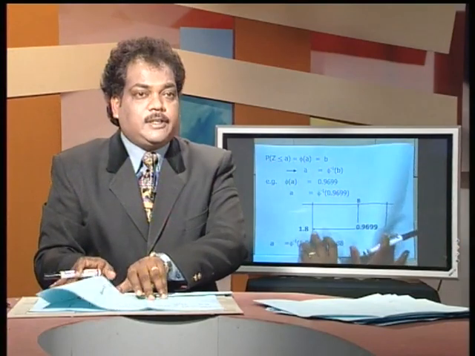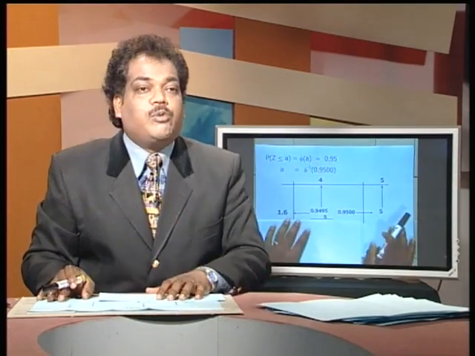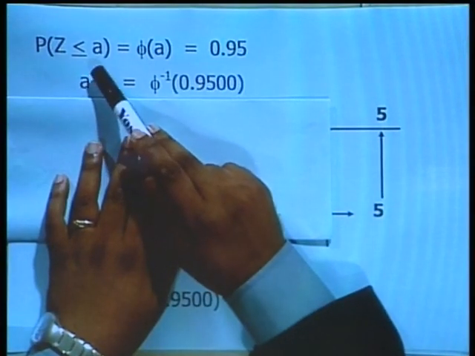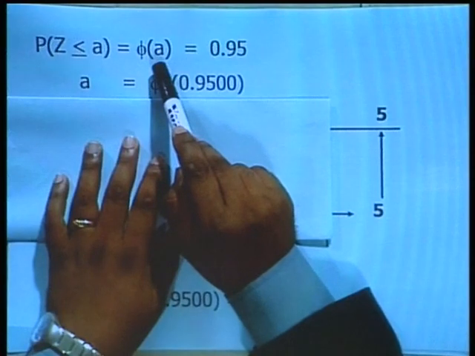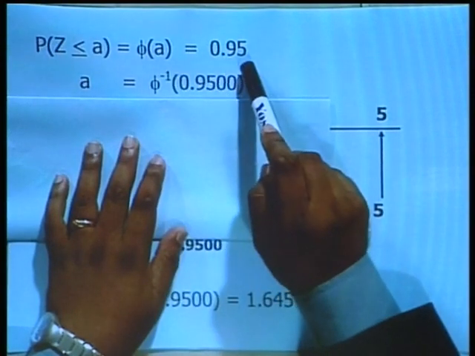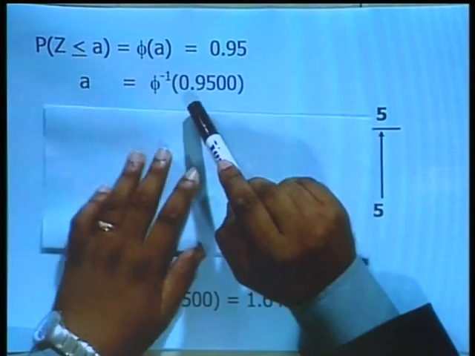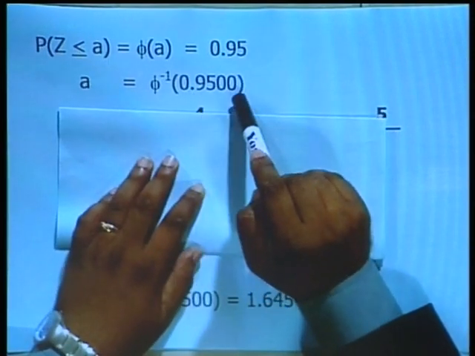Not always will you be lucky to locate the value of phi exactly in the statistical table. Very often, the values that you would require will not be found in the exact form in the table. So let's take an example to see how to find phi inverse. The probability z less than or equal to a is equal to phi of a, which is equal to 0.95. A is therefore phi inverse of 0.95.